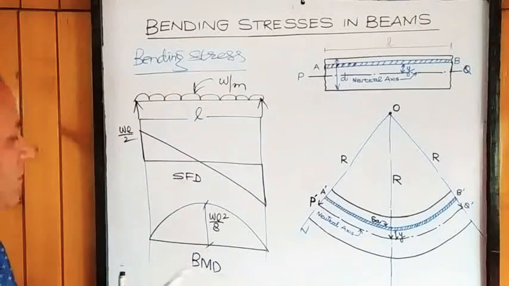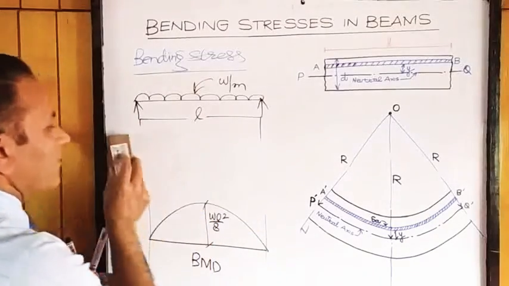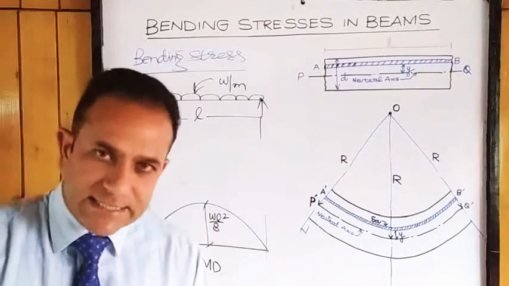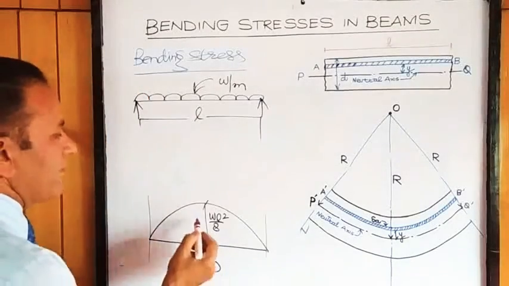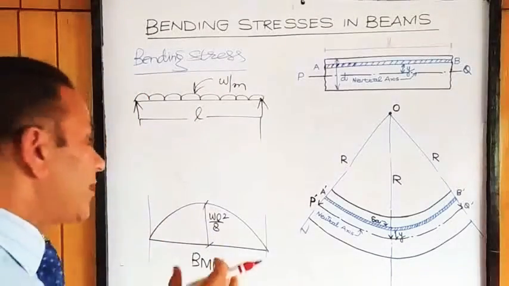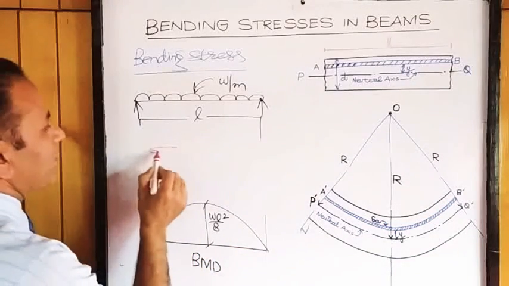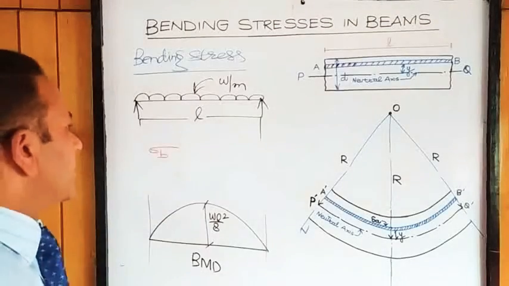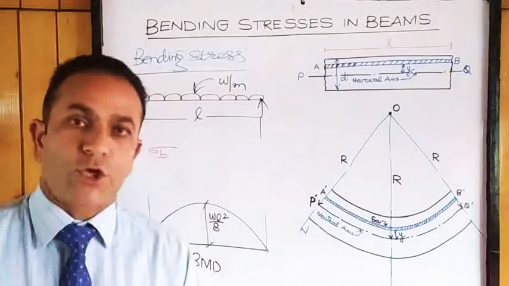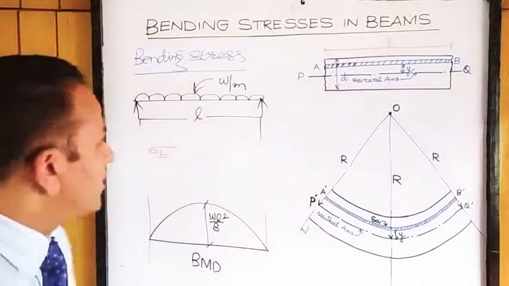So if we consider this bending effect, the beam will develop certain internal stresses to resist this bending. Such internal stresses which resist this bending, developed because of the load acting on the beam, are known as bending stresses, sigma B. So these stresses are the internal stresses developed across the cross section of the beam because of the action of load which produces bending in the beam.